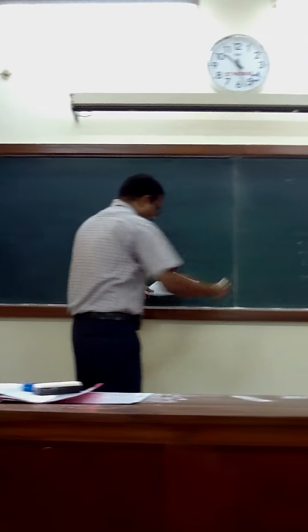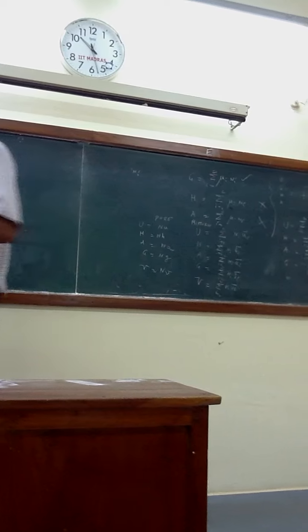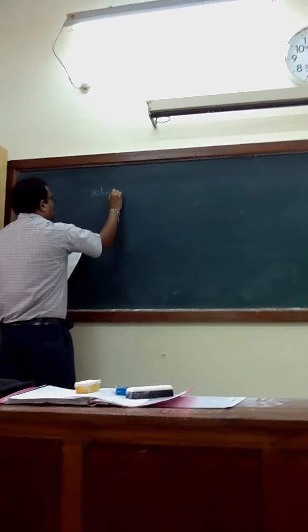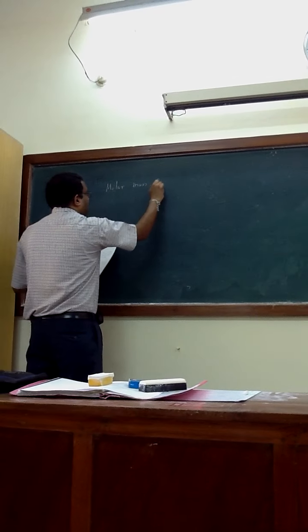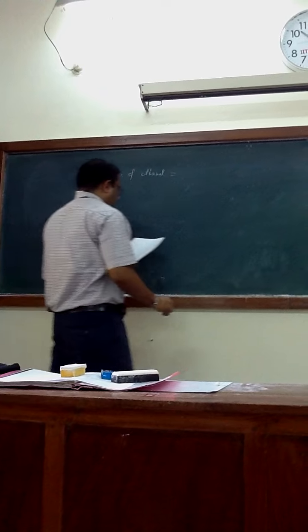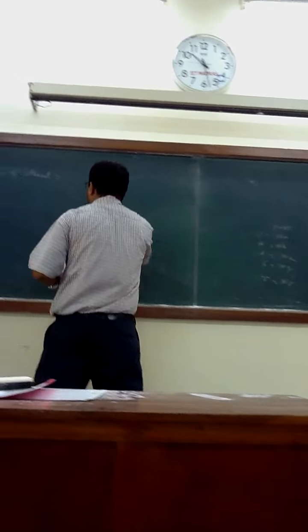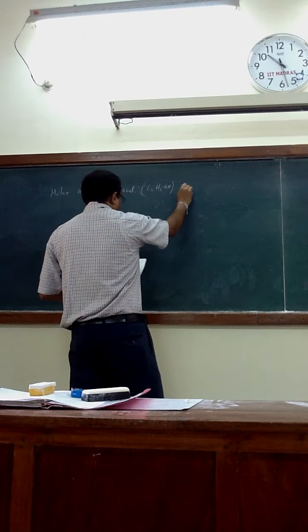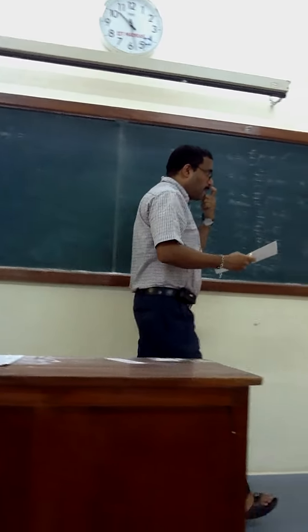So the molar mass of ethanol, C2H5OH, is how much in kg per mole?